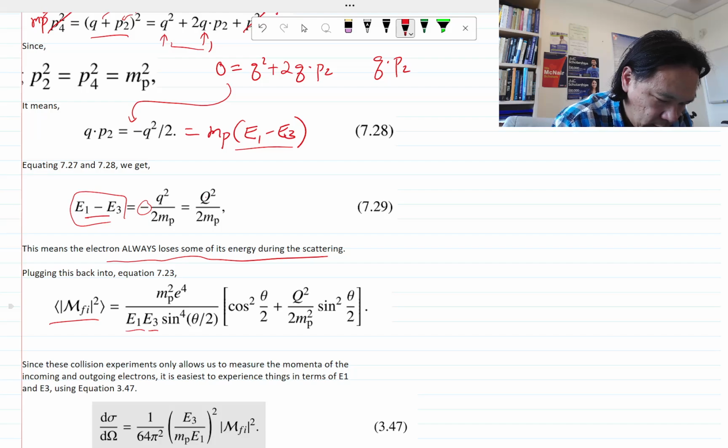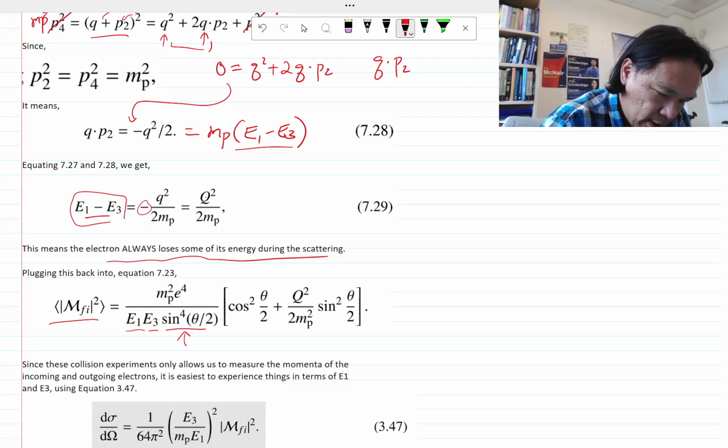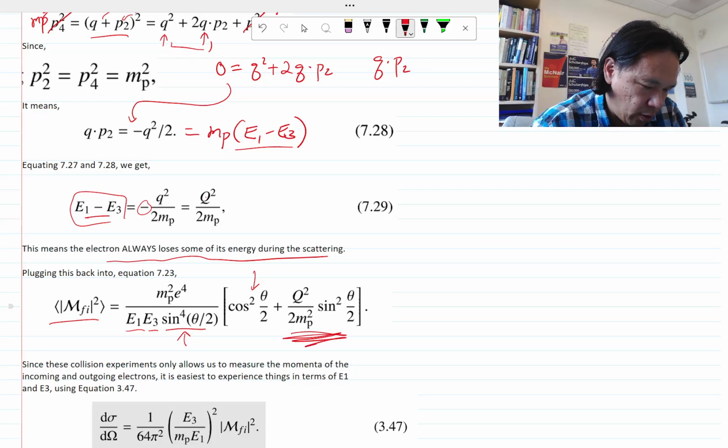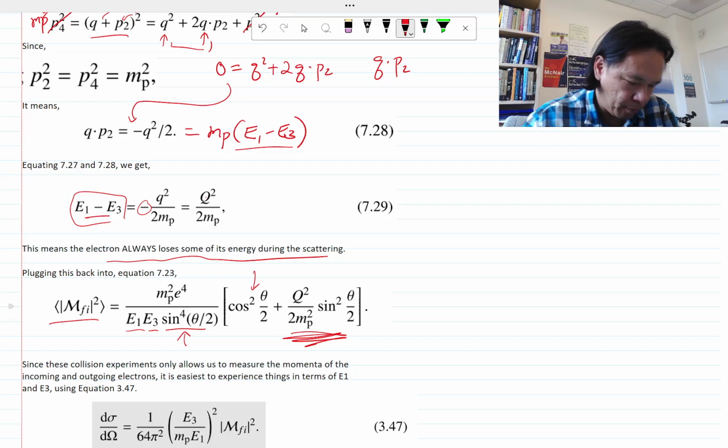E1 times E3, you still have the sine to the 4th power theta over 2, just as in the Rutherford and Mott scattering. And then you have this cosine squared of theta over 2, but you have an additional term here that's going to be new. That's Q squared over 2mp sine squared theta over 2.